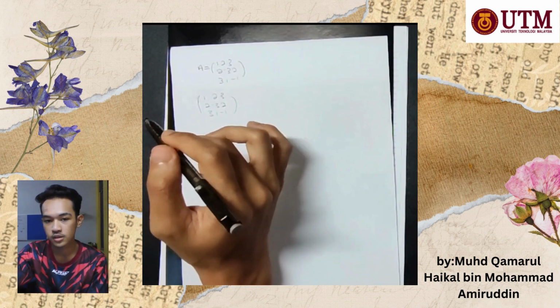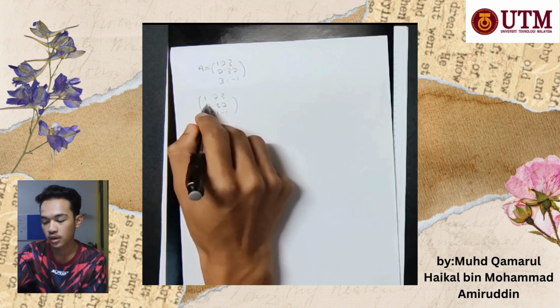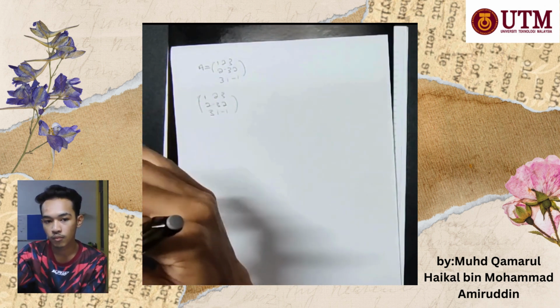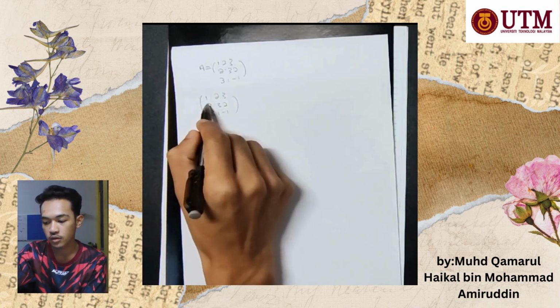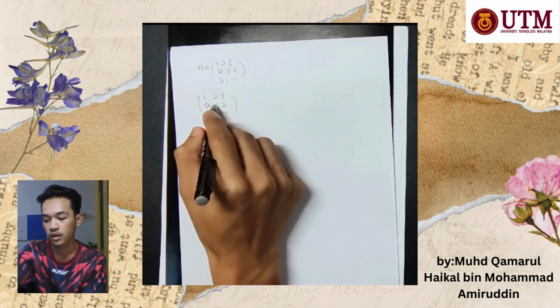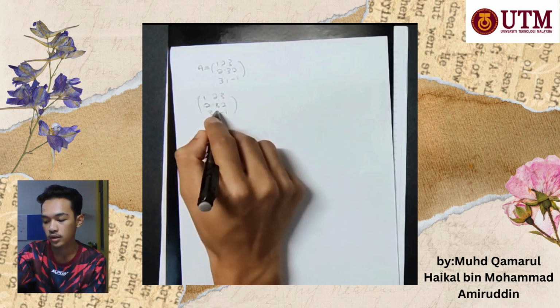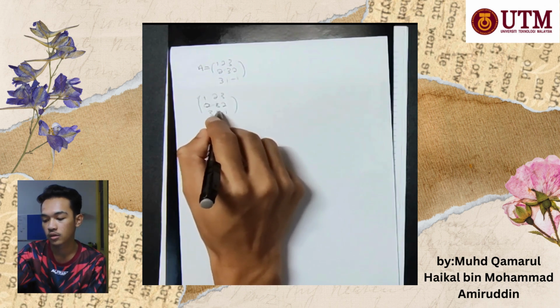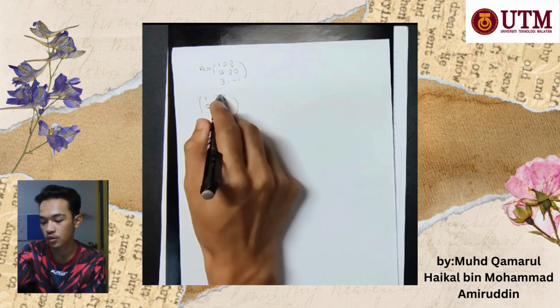The form of the echelon matrix is 1, and below the 1 must be 0, and the next is 1 and below the 1 is 0.